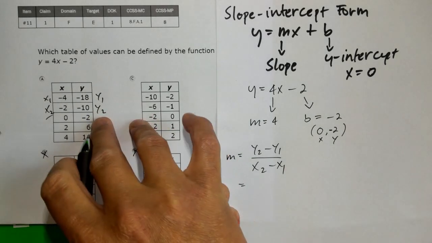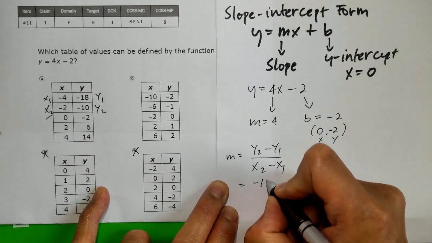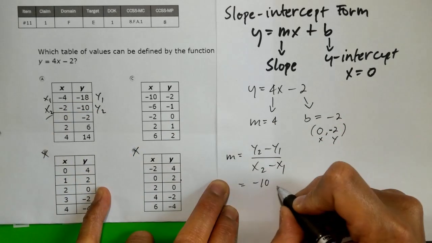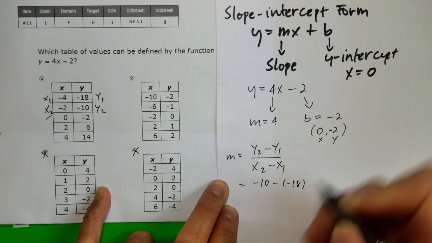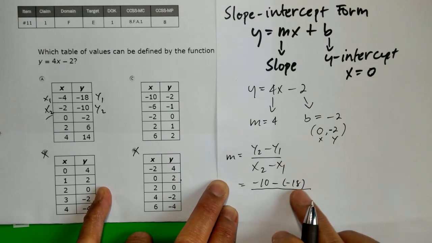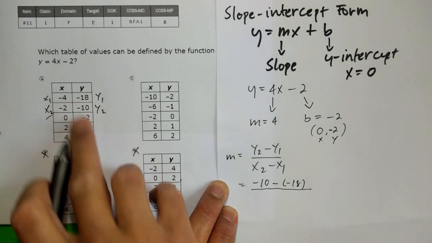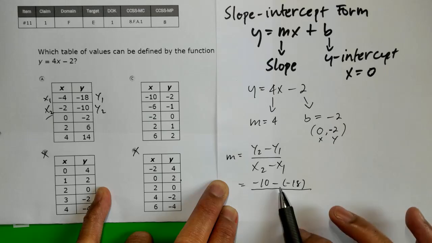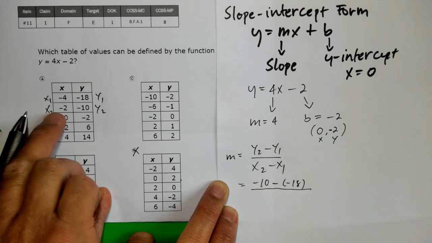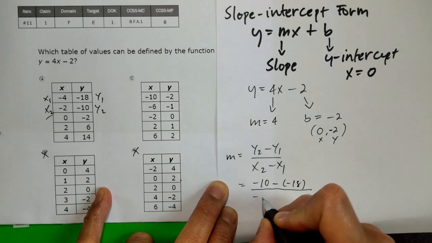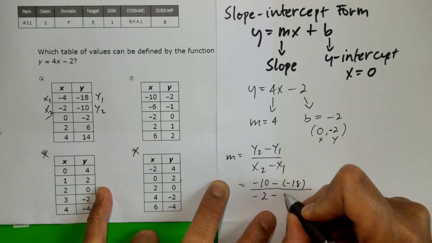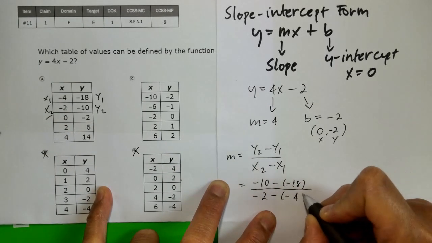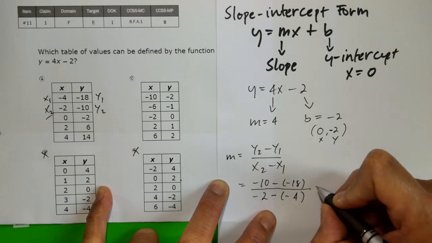So y2 is negative 10, negative 10 minus (negative 18). I use the parentheses to keep the negative symbol. So y2 minus y1. The same thing for the x: negative 2 for x2 minus (negative 4). Now we can solve it.